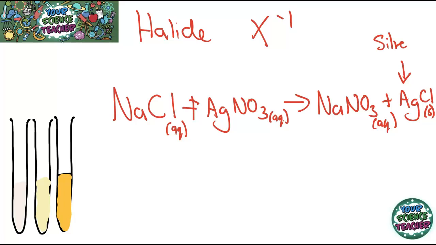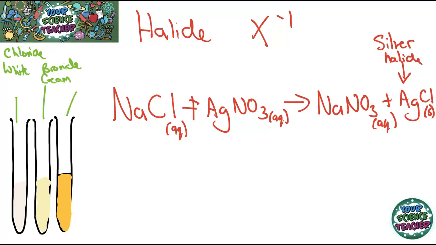So silver halides are coloured, and I actually have the 3 colours of the different silver halides over here. So if I have my chloride solution, then I end up with a white precipitate. If I have my bromide ion, then that will be a cream precipitate.